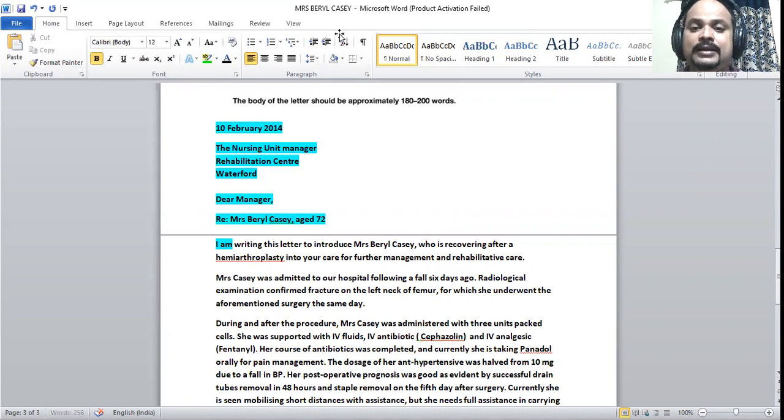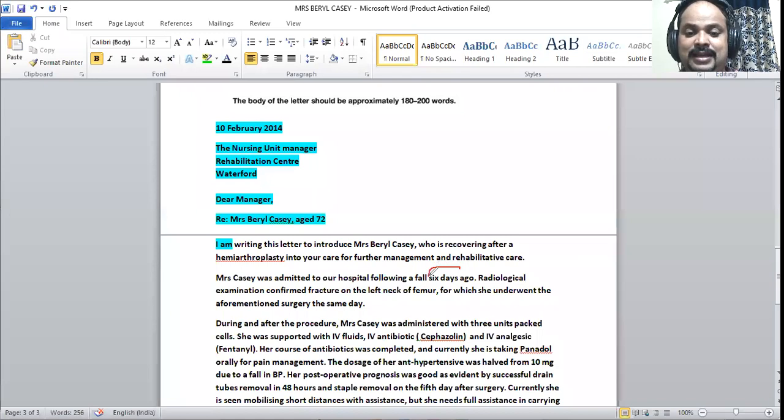So that is something which we need to see here. 6 days ago. So the time frame, so you can connect. You are writing on this particular date, and you are just connecting it. We are just connecting it chronologically. So there is a connection between the sentences, as well as there is a connection between the time frames.